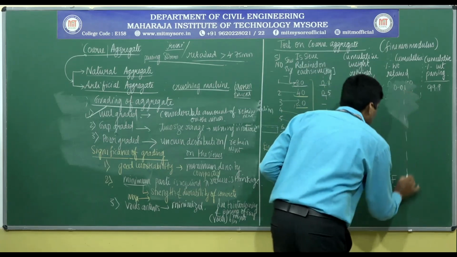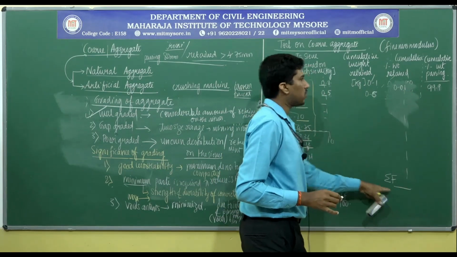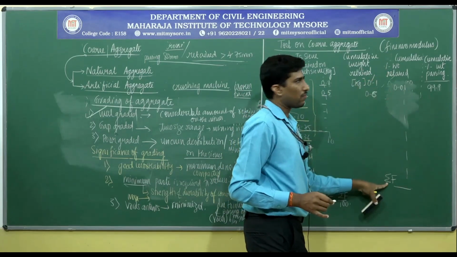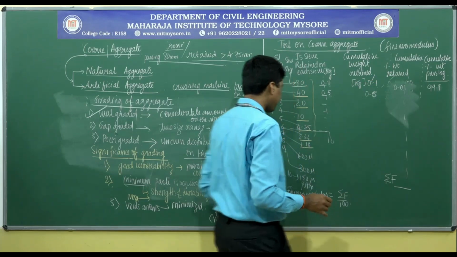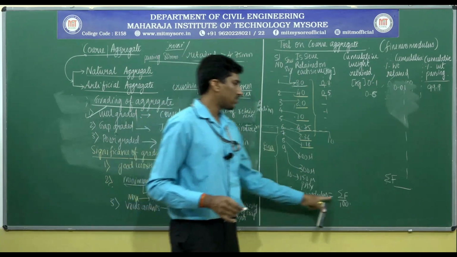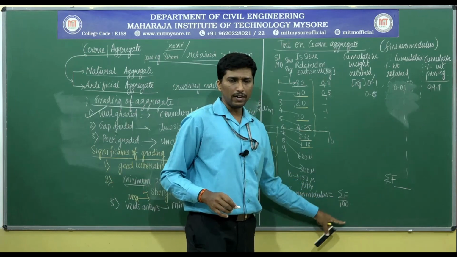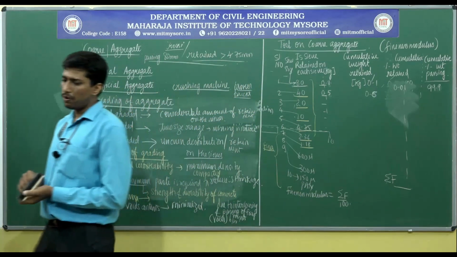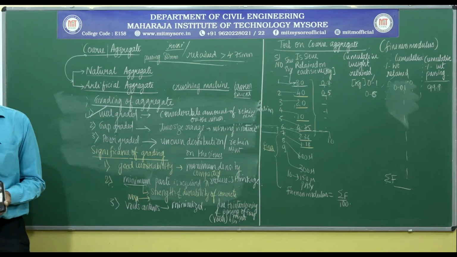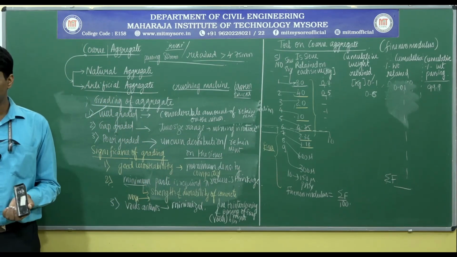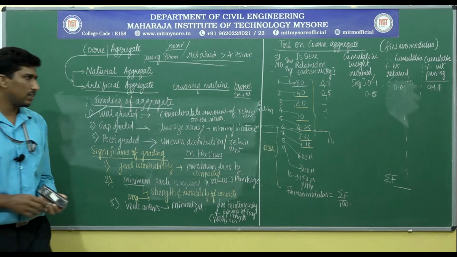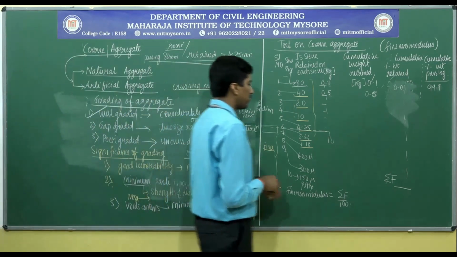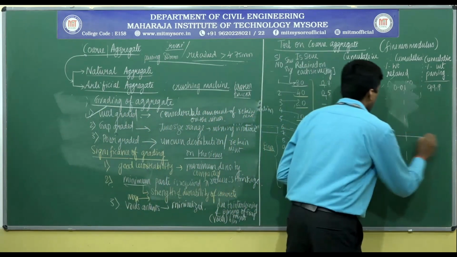In this manner you compute the cumulative percentage of the weight retained, taking all the fractions, and the summation of this divided by 100 gives you the fineness modulus. The determination of the fineness modulus is taken maximum up to 4.75.